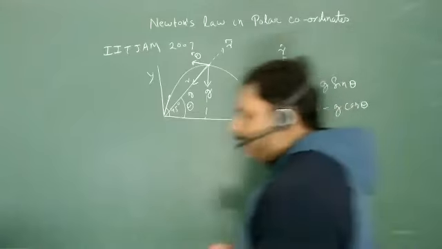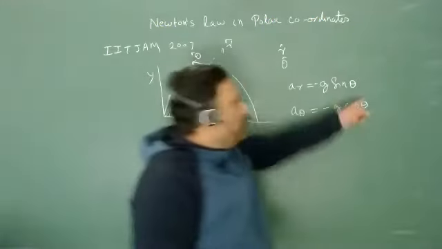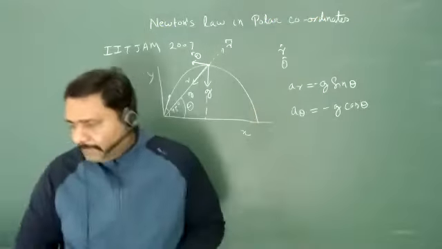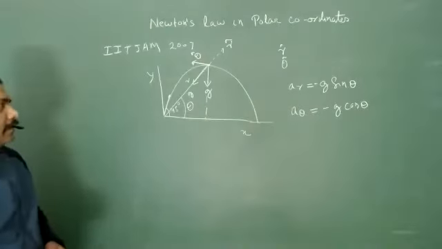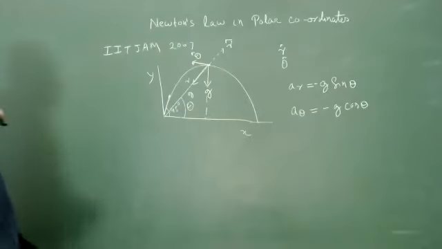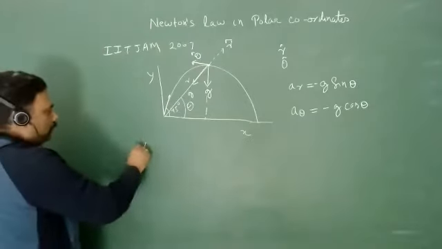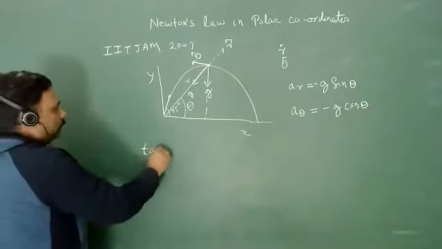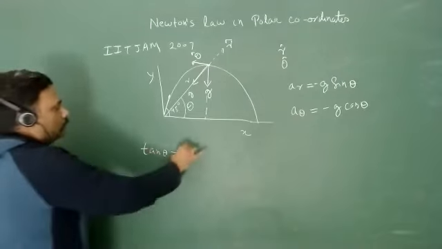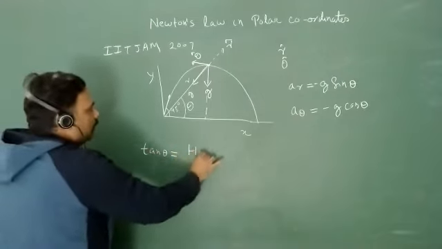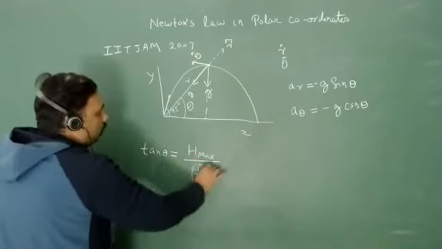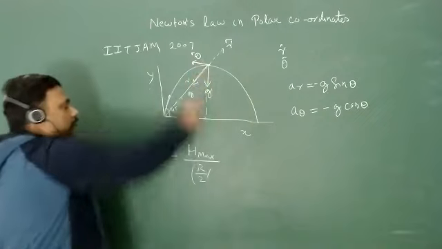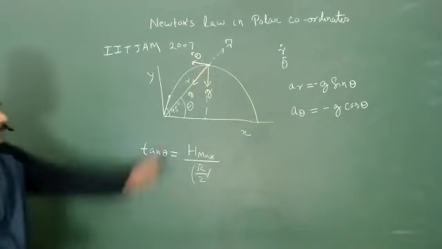My next challenge is how we get the value of sin theta and cos theta. So can I say that tan theta is equal to H maximum by R by 2, where H maximum is the height and R is the range, maximum height and range?